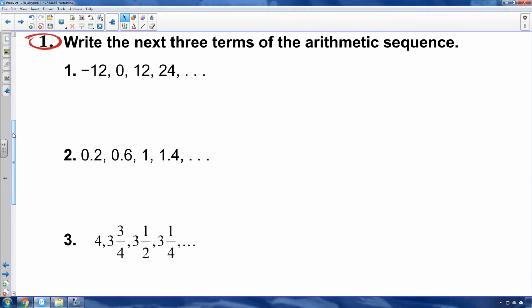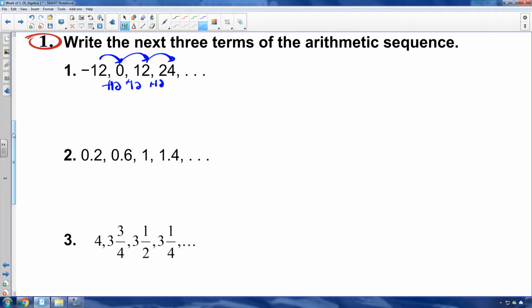Write the next 3 terms of the arithmetic sequence. It's not that hard. Just see what it's going up by. So what's the common difference? How did this become this, and this become this? What did we add by? We added 12, right? So if we're adding 12 each time, I want you to add 12 3 more times.